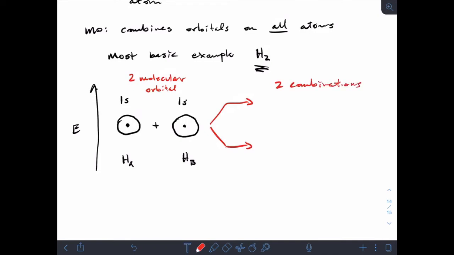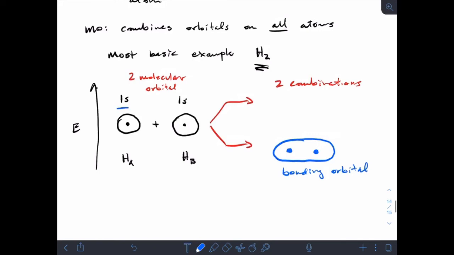With one set, the 2 orbitals will combine into sort of a homogeneous little blob, and we refer to this one as a bonding orbital. Since we're dealing with 1s orbitals, we're going to call it sigma 1s.